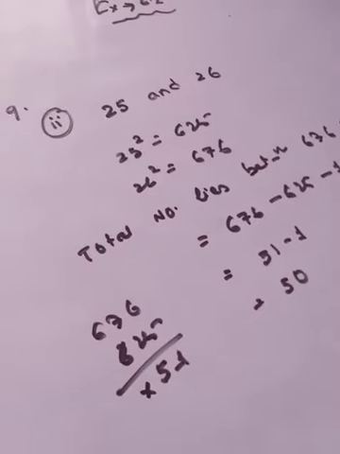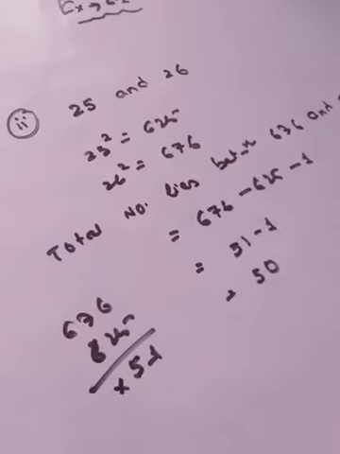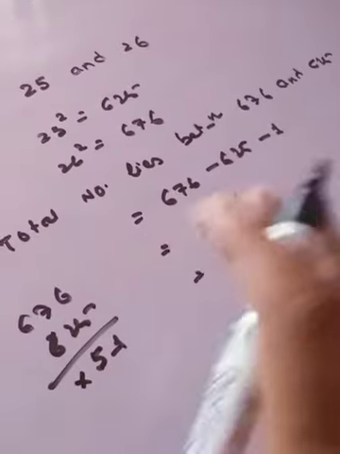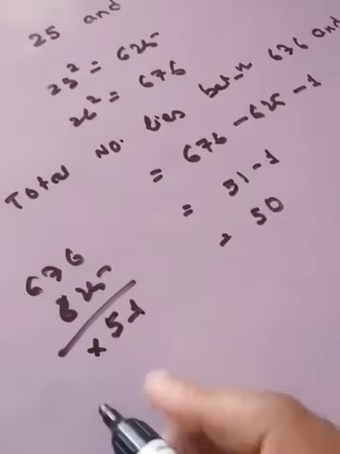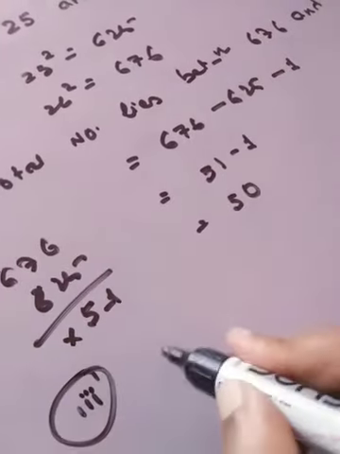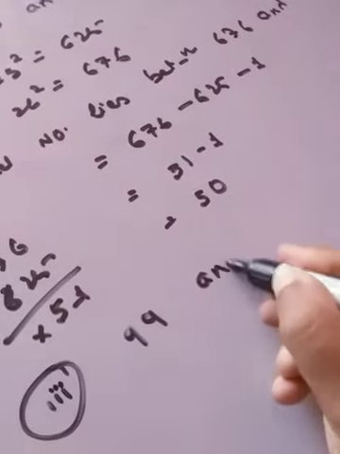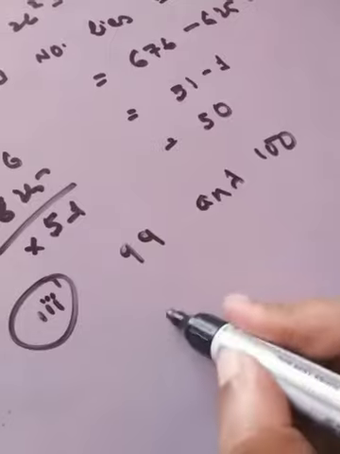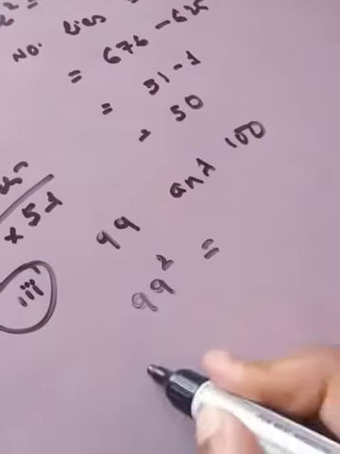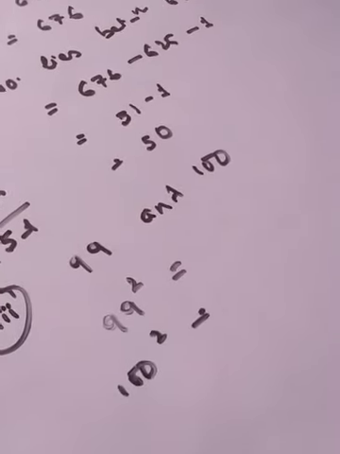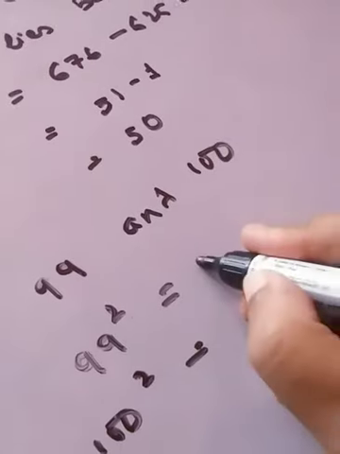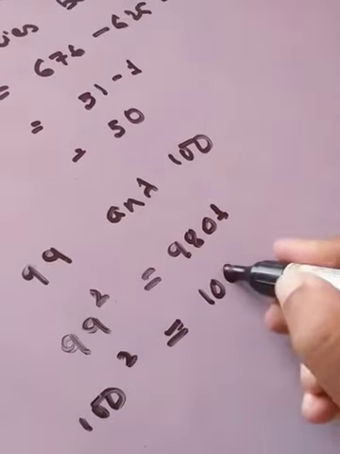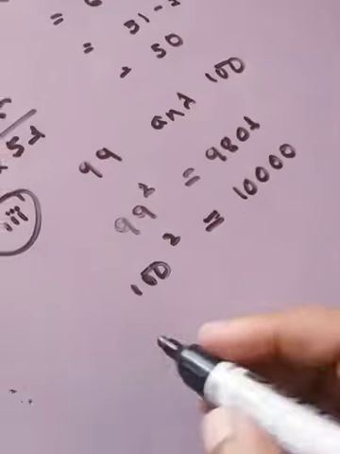Okay, there is another easy process, but let it be, you just be comfortable with this particular process. Now question number 3, 99 and 100. What is 99 square and what is 100 square? 99 square is 9801 and 100 square is 10,000.